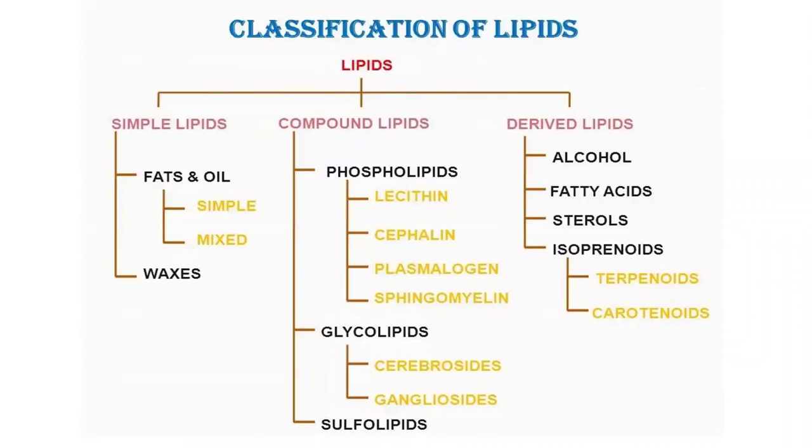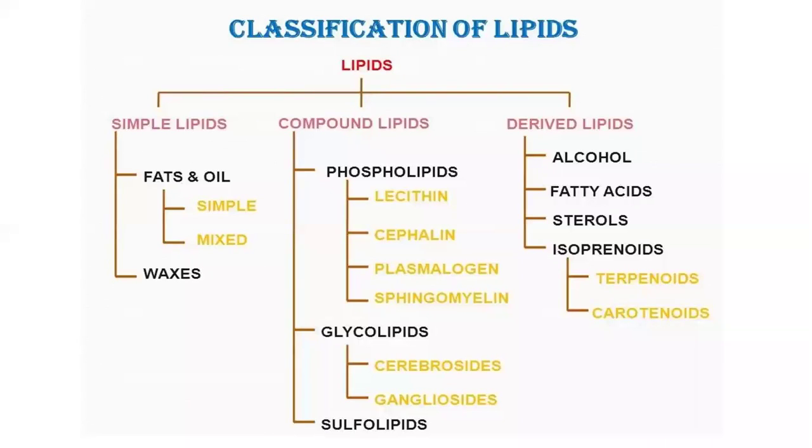The compound lipid is formed from the simple lipid along with a non-lipid part. That's why we are calling it a compound lipid. Derived lipids are formed by the hydrolysis of simple lipids and compound lipids.